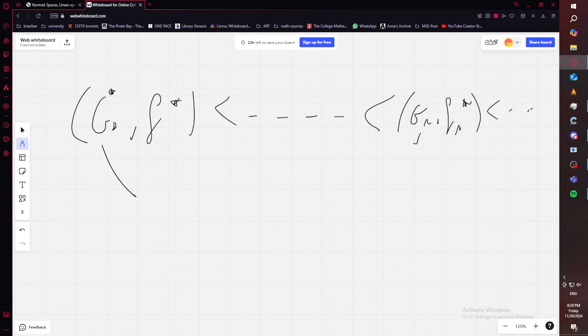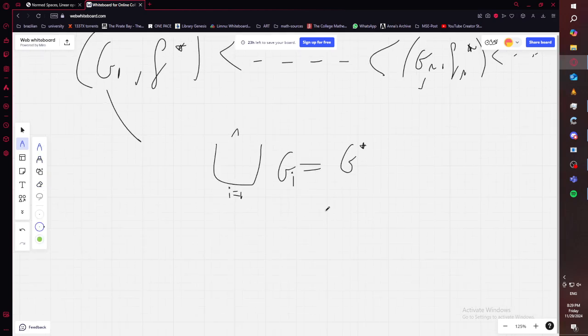You take all of these spaces, G1, Gn, up to infinity, and you put them in one big set, which we're just going to call G star. So you take the union of Gi from 1 to n, and you call that G star, okay?